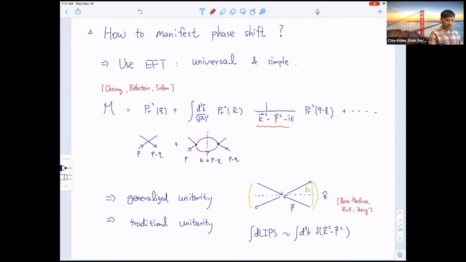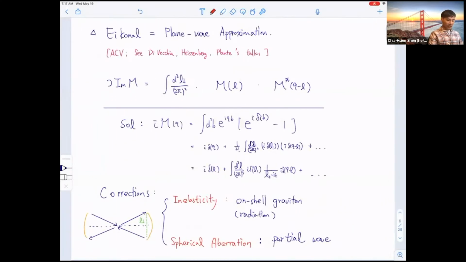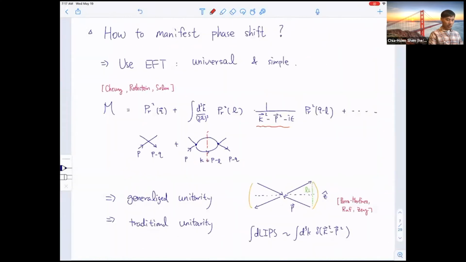So the idea is if we consider the eikonal thing we had earlier, we want to tune this propagator into something that looks like eikonal. And we will use a nice basis choice in this paper by Julio, Michael, and Mao.